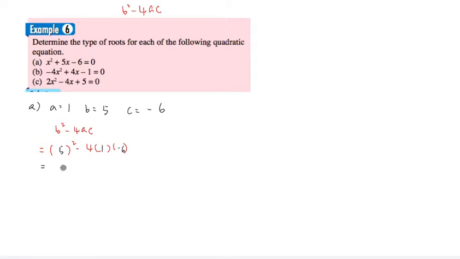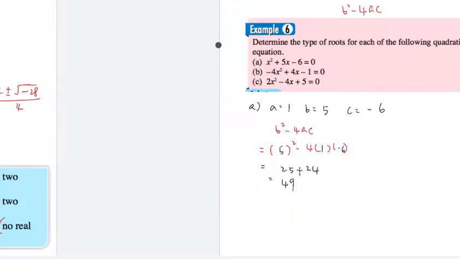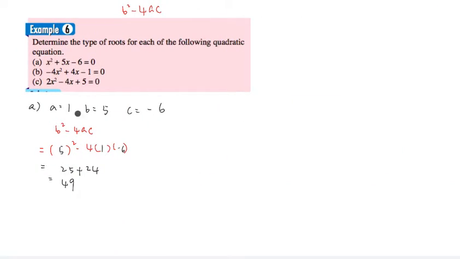So here 25 plus 24 is 49. The answer is 49, which is positive. That means later the inside of the square root will be positive, and if the inside is positive, I will get two different real roots. The discriminant b squared minus 4ac equals 49, which is more than 0.